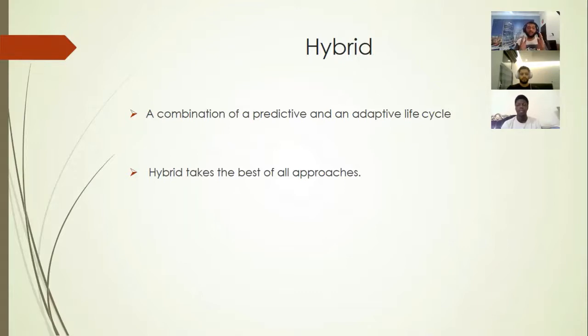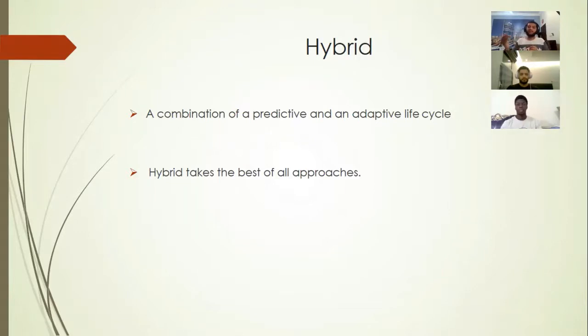If hybrid, you will combine the predictive and adaptive life cycle or approach, and this one is considered the best approach because it is a general approach that consists of the previous approaches.